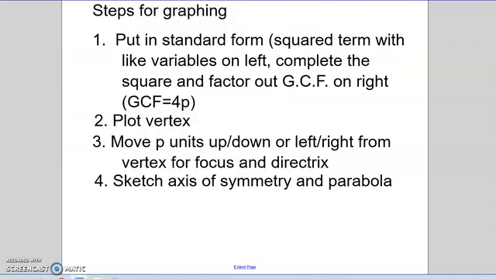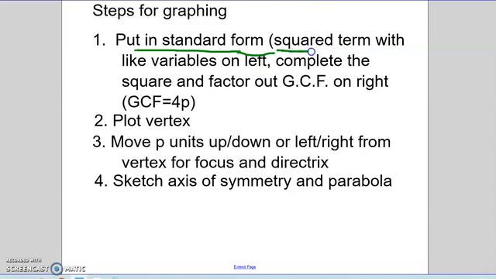Okay, so in order to graph parabolas in this standard form, well, they may not always be in standard form, so we may have to get them into standard form. It may involve completing the square.